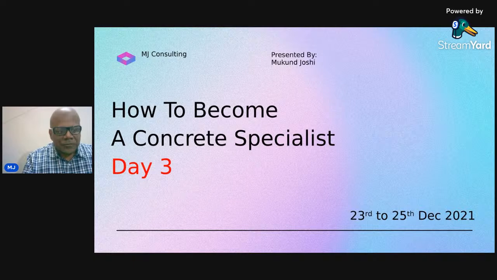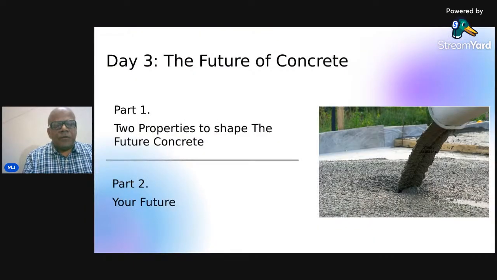And let's see what all we are going to check today. First, we are going to see the future of concrete, what we can expect in concrete technology in the next 5 to 10 years. Which are the two properties which will shape our concrete over the next decade? In the last 2 days we have seen the cement consumption is going to double.